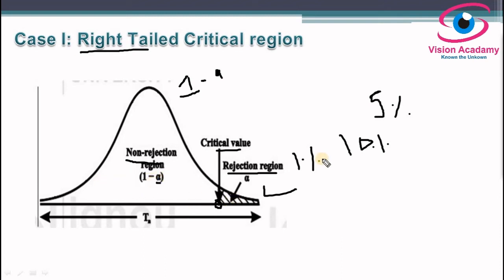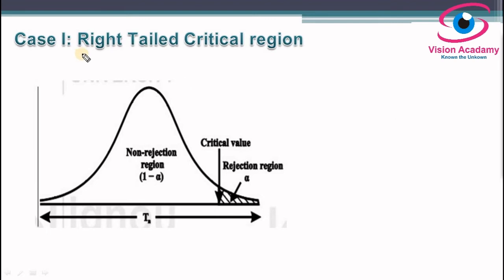After obtaining that value, you will subtract it from the whole sample space. The sample space in this case is 1, and in every case it is always 1, because probability always equals 1. So this unshaded area is the non-rejection region, the shaded area is the rejection region, and this point is the critical value. This separates the rejection region from the non-rejection region.